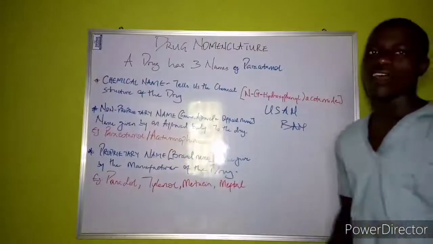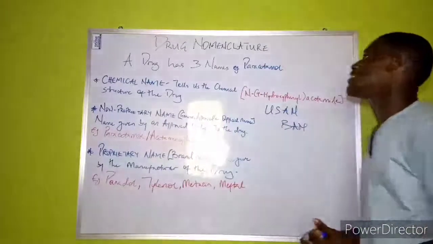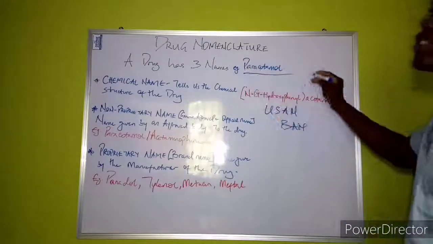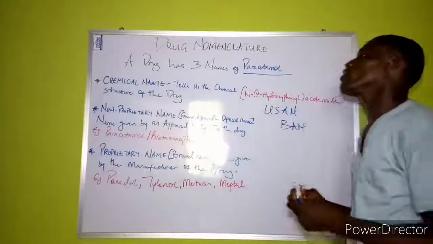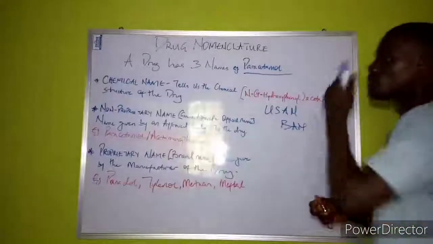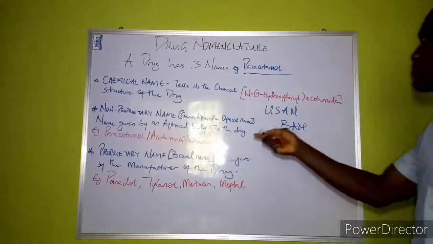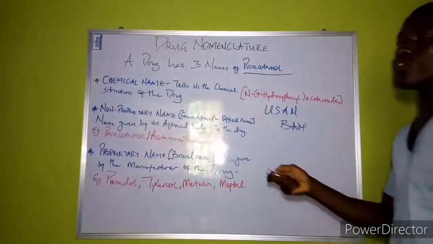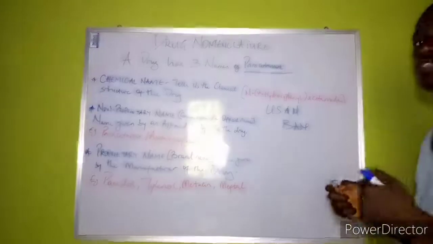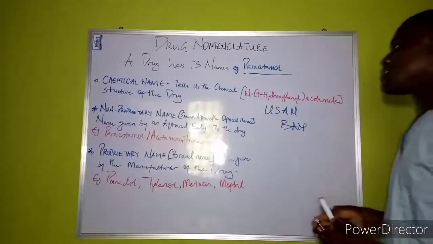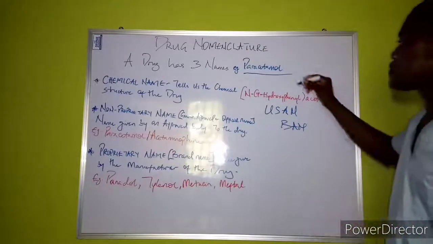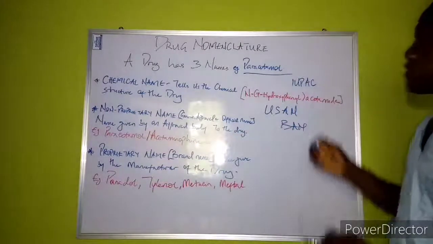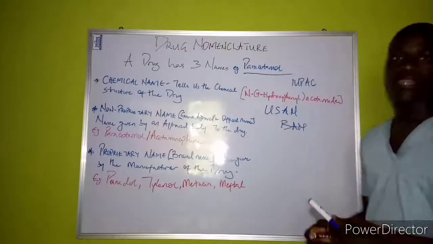Like I said earlier, we will be using paracetamol as an example, a well-known drug, which is why we're taking it. Now, the chemical name for paracetamol tells us about the chemical structure. We can also call it the IUPAC name, the IUPAC nomenclature, or the scientific name.